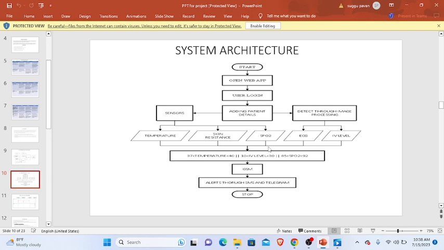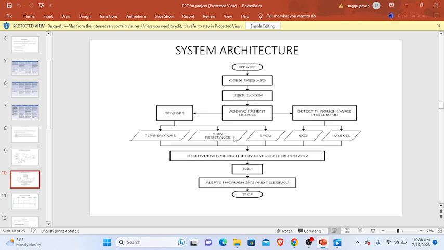This is the flow chart. First of all, we will open the web application, and in the user login, the doctor will log in with his credentials, and we can add the patient details, like multiple patient details, and the patient details will be stored in the backend of the project.